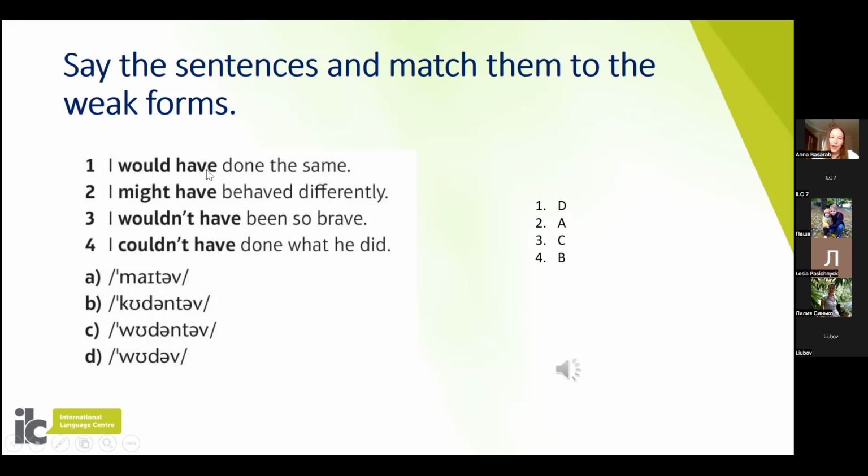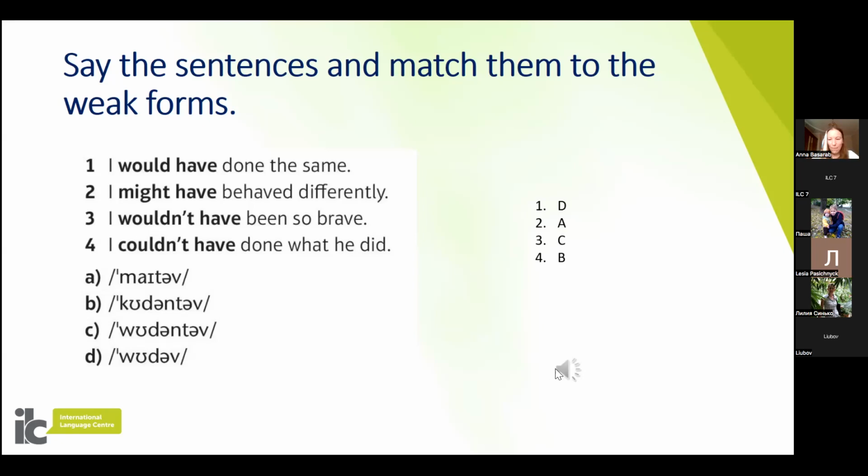So when we pronounce this all together, do modal verbs and have get contracted? Do they get together? All right, yes, they do. Okay, very well.